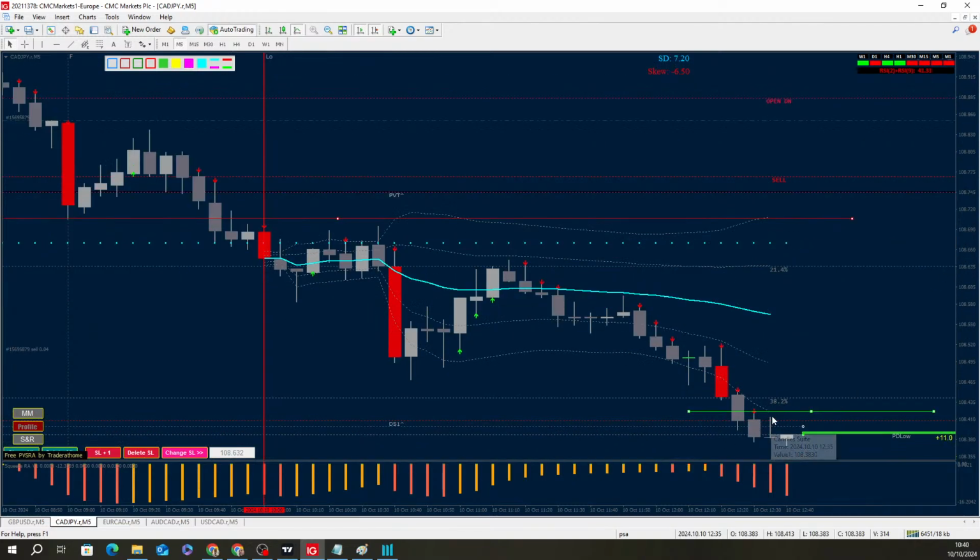This candle went all the way there, tried the high but couldn't take the high. Well, it's an inside bar basically. This candle is an inside bar.